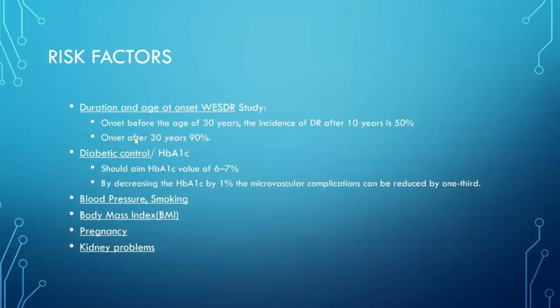That's a very useful thing to know. And usually we advise an HbA1c between 6 and 7. Other factors: blood pressure, smoking, BMI, the body mass index, are also increasing risk factors, as are pregnancy and kidney problems.